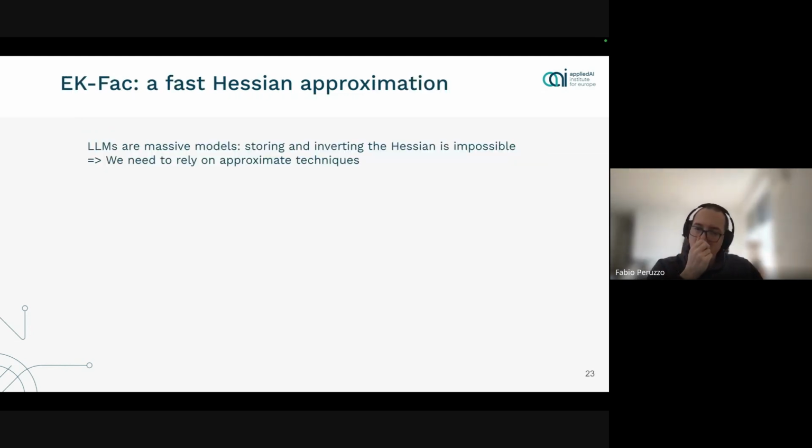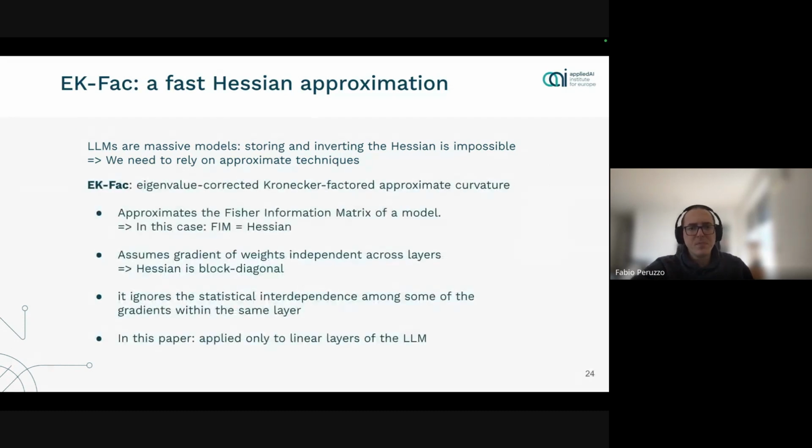We have seen that Hessian inversion is very costly. You cannot do it explicitly, you cannot even persist, you cannot even create the Hessian in memory. So we need to rely on approximate techniques. The technique that they use in the paper is called EKFAC, which is short for eigenvalue corrected Kronecker factored approximate curvature.